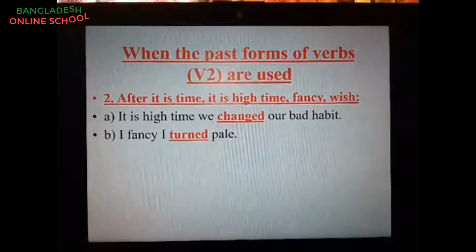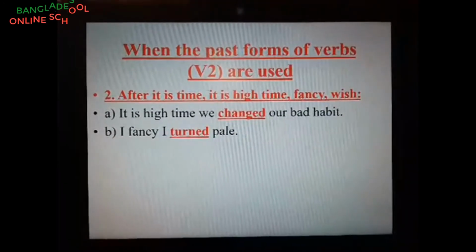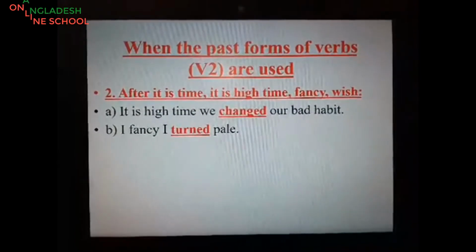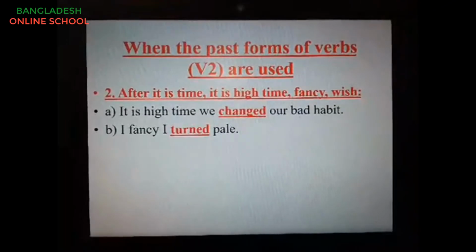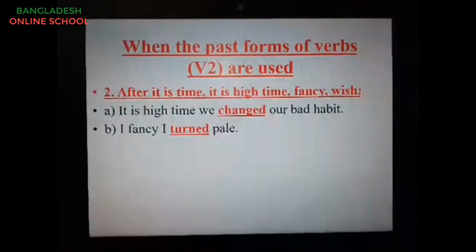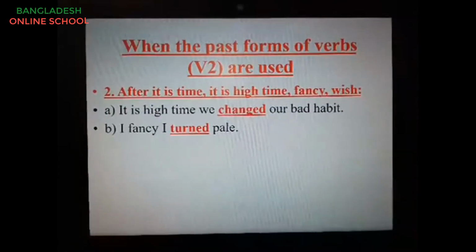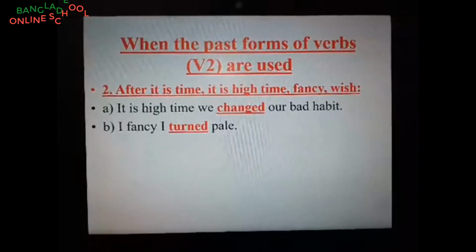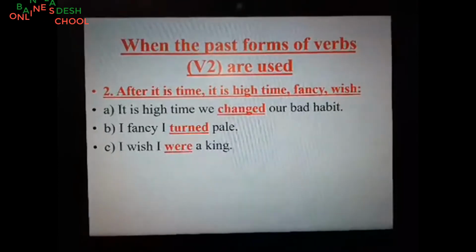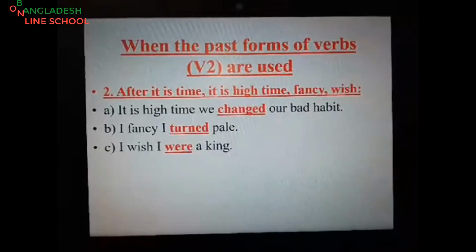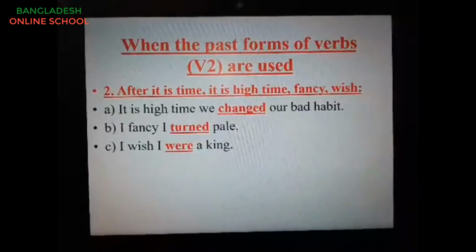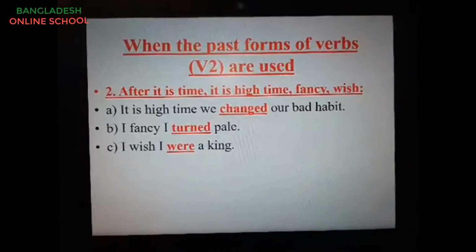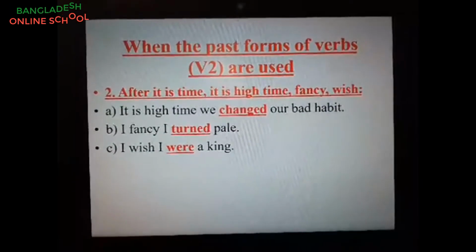I fancy I turned pale. Here turned is used in past form because before turned there is a verb fancy. Fancy in Bangla is kalpona kora, mone kora. In the third example, I wish I were a king. Here after wish, were, past form of verb is used.